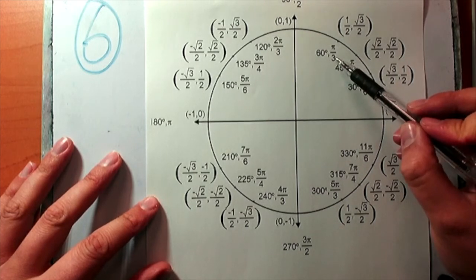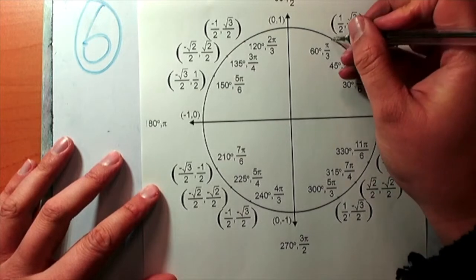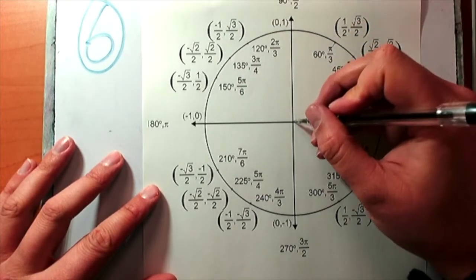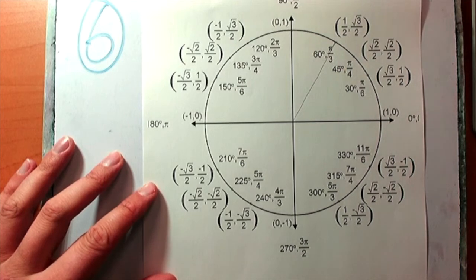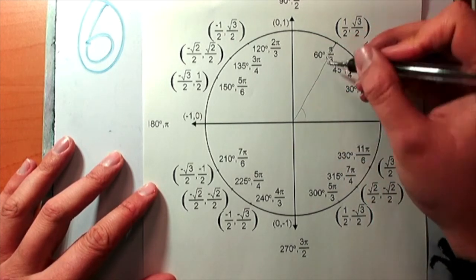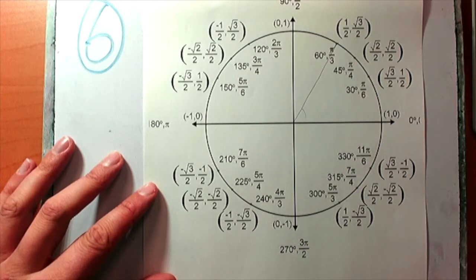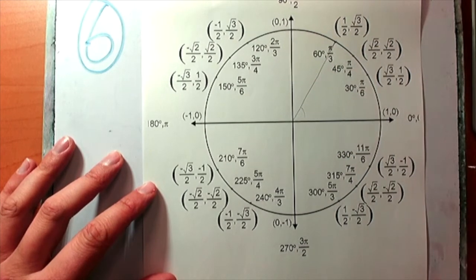This is the radian of this angle. You'll also notice that if I were to draw a straight line out to that point, that angle there is 60 degrees. Also here, this angle would be 90 degrees.